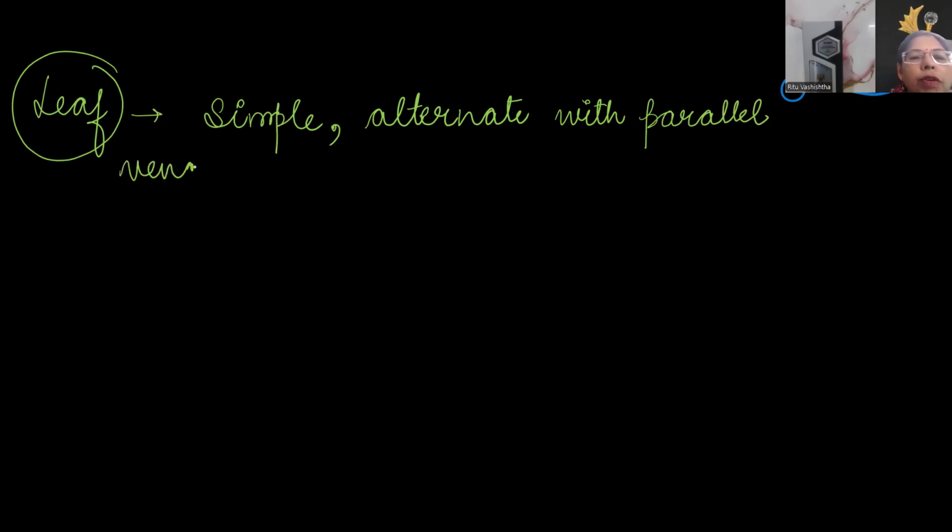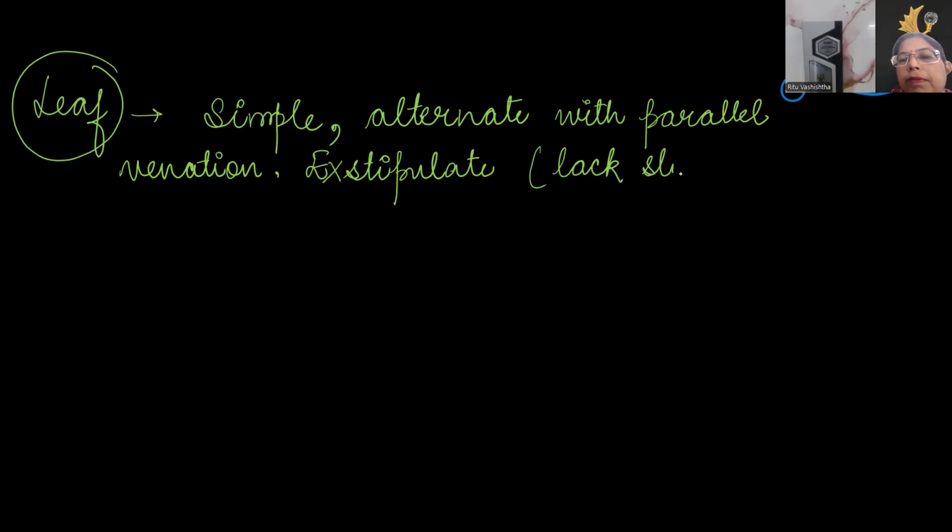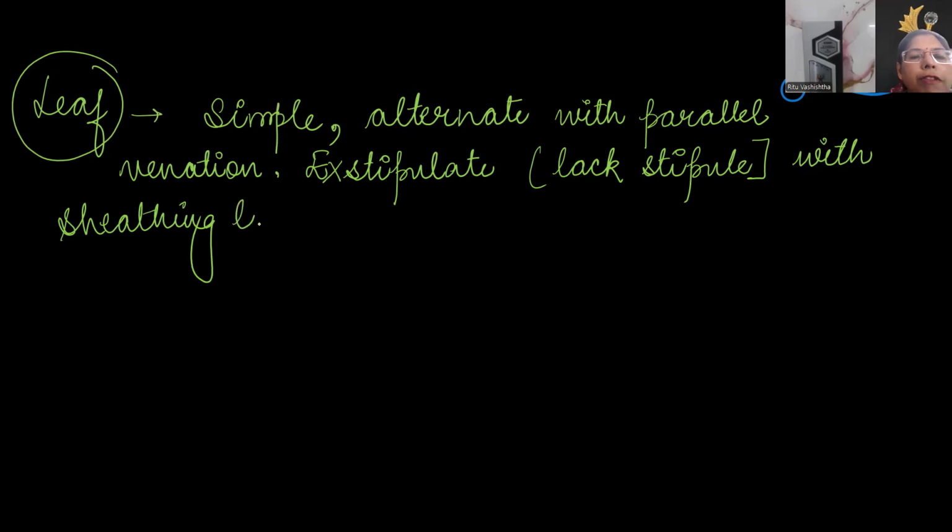I'll explain all the terms with the help of a diagram. Exstipulate means there is absence of stipule, with a sheathing leaf base. The leaf base is sheathing, and there is also presence of ligule.